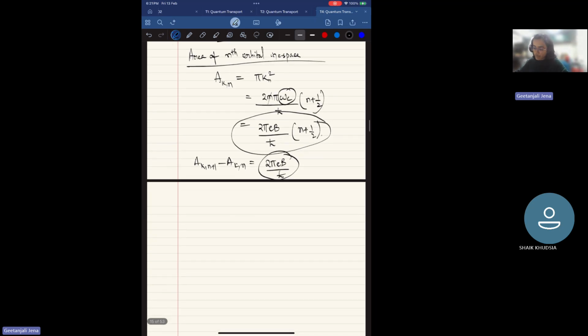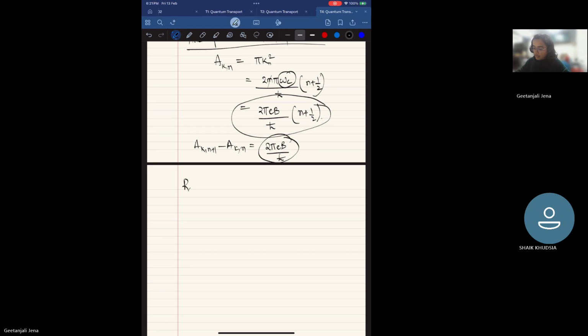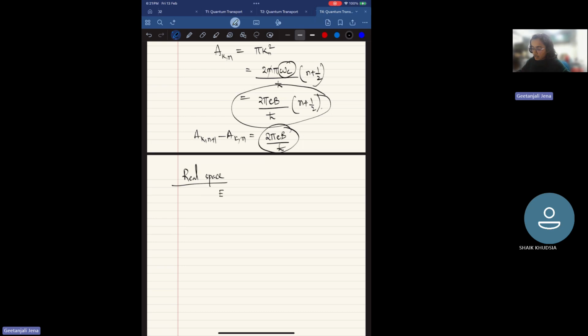Now for the real space, the energy that will take quantized values is n plus half h cut omega c. Now as we are dealing with the real space, we are dealing with the velocity.